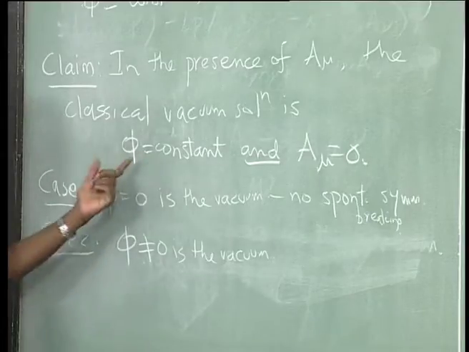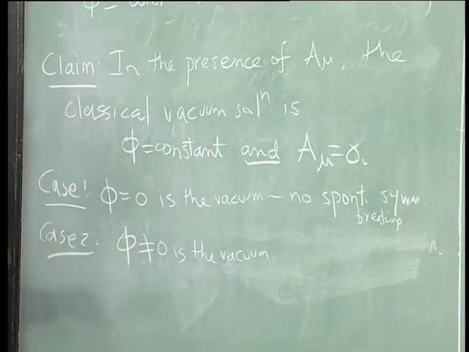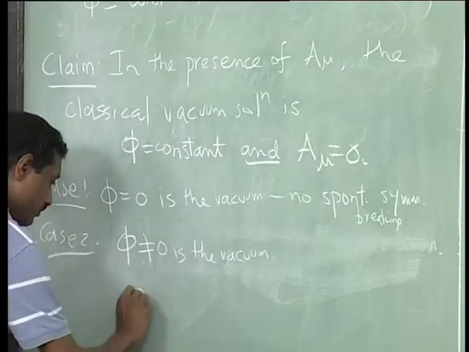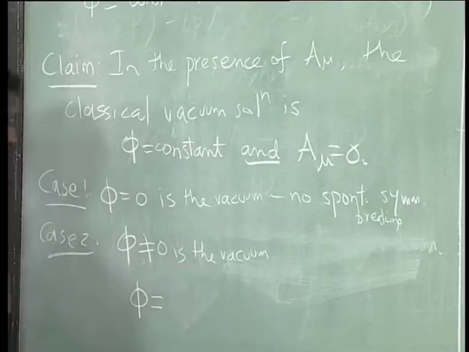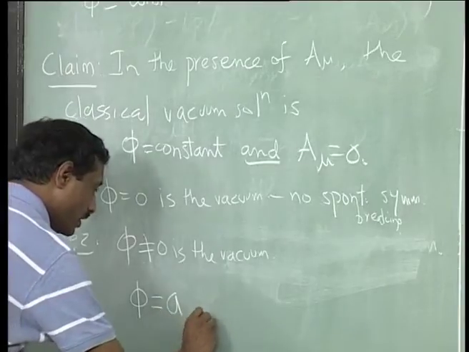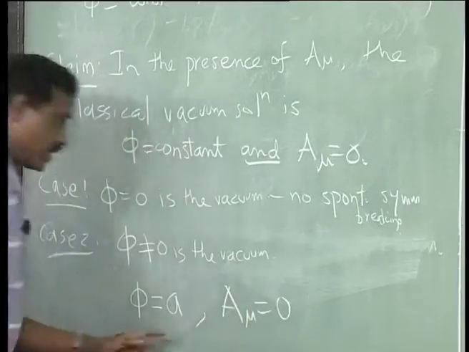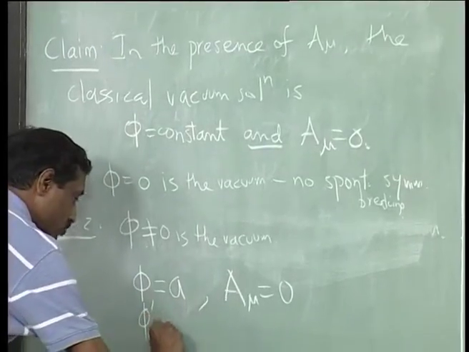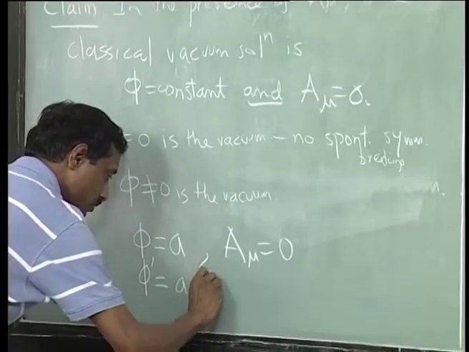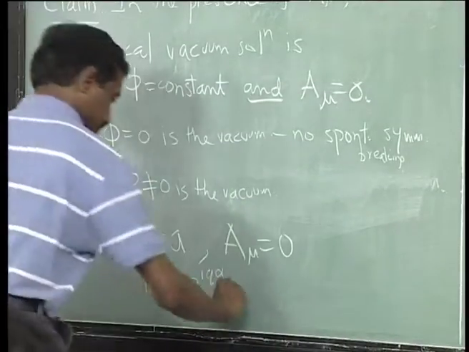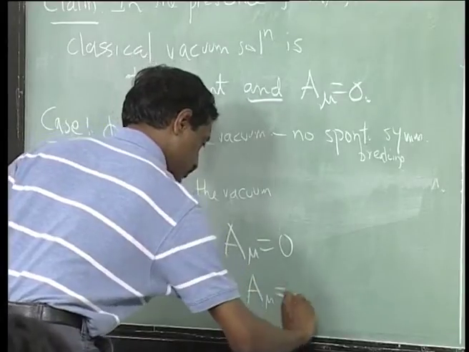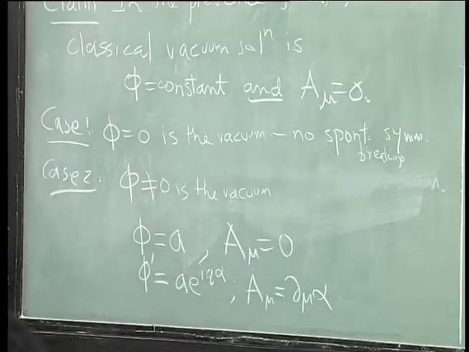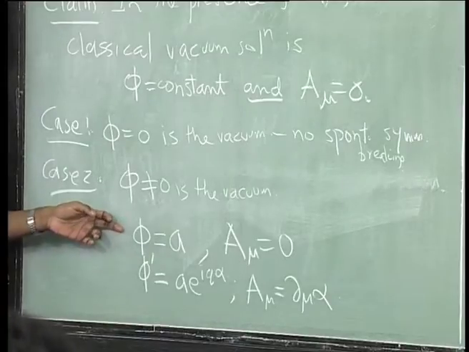I do not need to just write this, I could choose a new solution. So, let us say that phi equal to a, mu equal to 0, a is that constant, but I could write a gauge equivalent solution which is like this. Because I have local gauge symmetry, this configuration is not different from this.